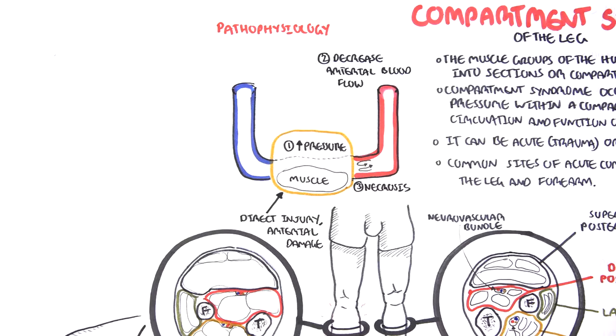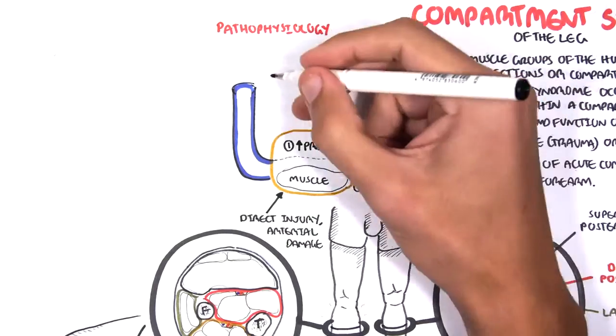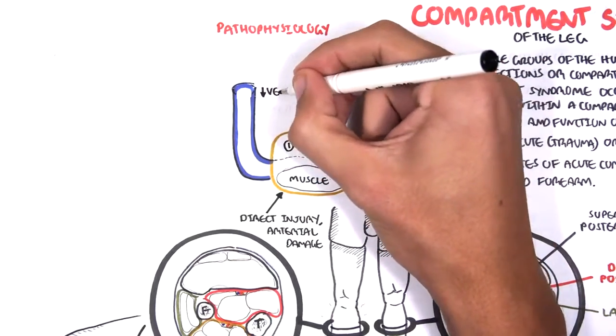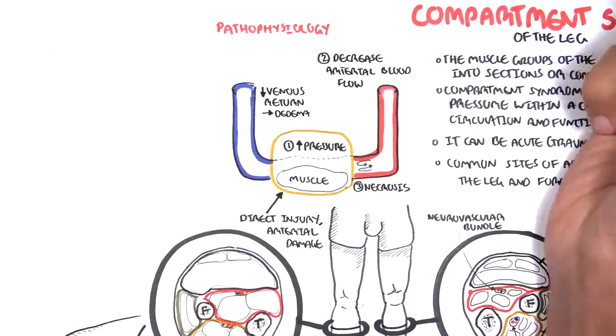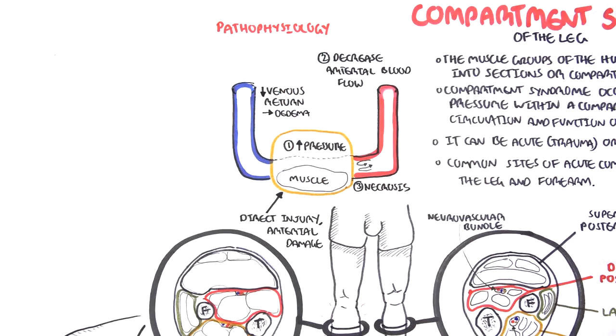It's like a vicious cycle. What aggravates this whole process even more is when the increase in pressure in the muscle compartment inhibits the drainage of the veins from the distal extremities. Because the veins cannot drain properly, the blood pools, causing further edema, and this can occur in the extremities as well as in the compartment.